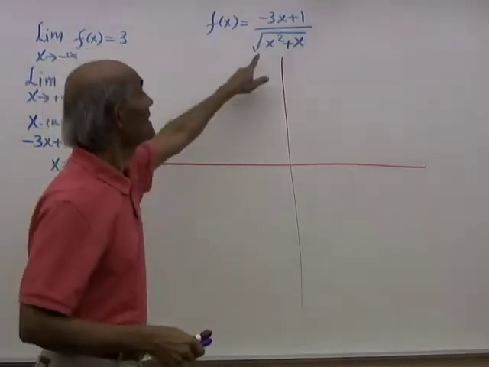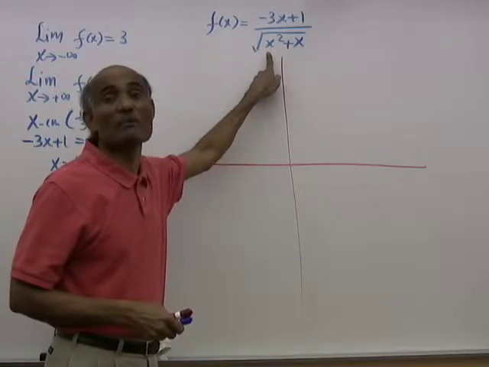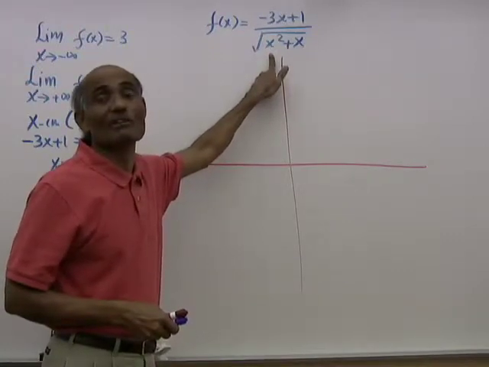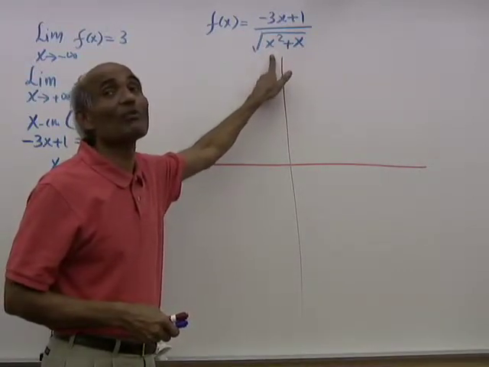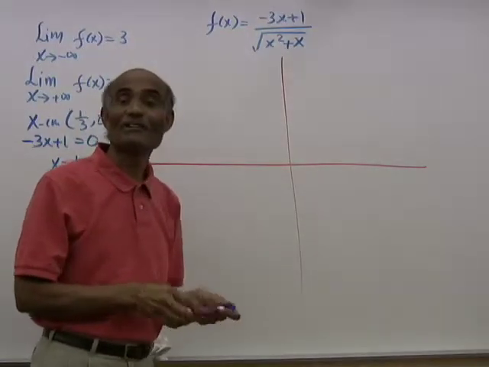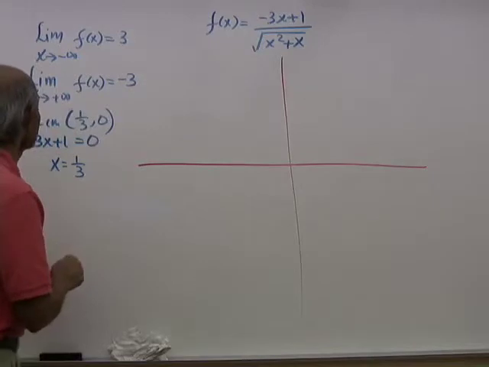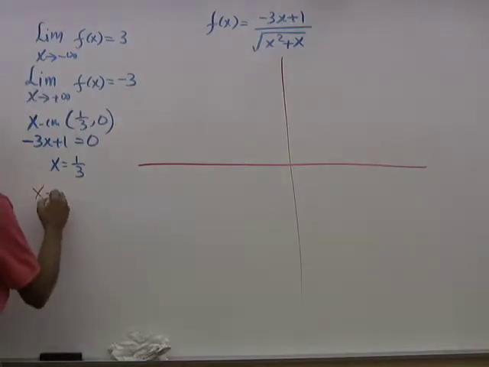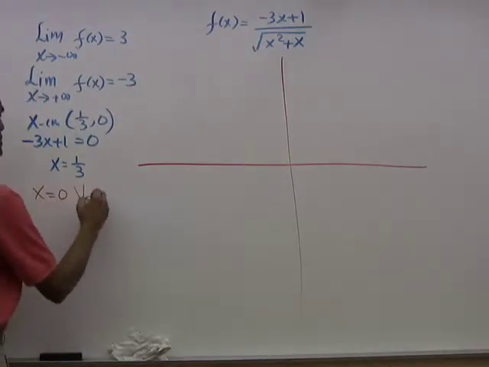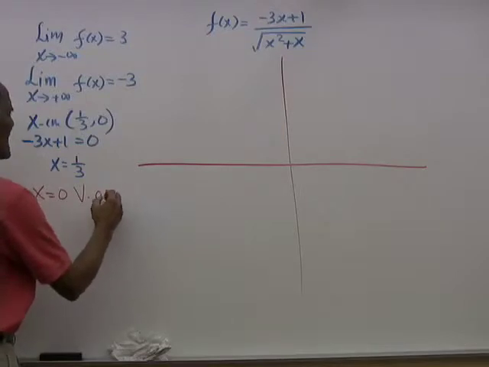All right? When will this denominator become 0? This denominator becomes 0 when x equal to 0. Therefore, x equal to 0 is a vertical asymptote.